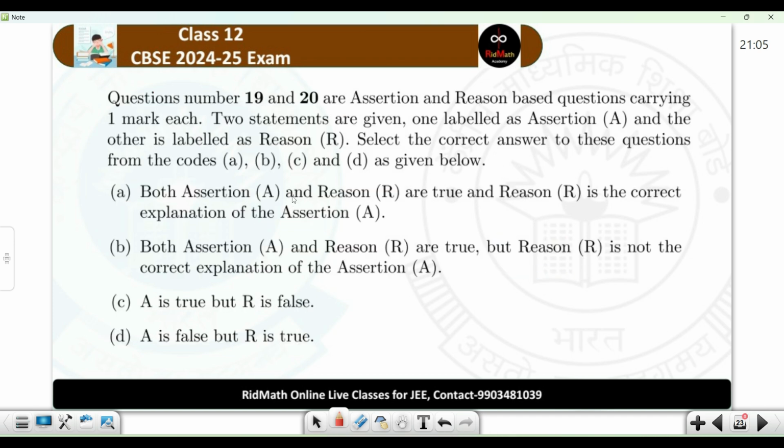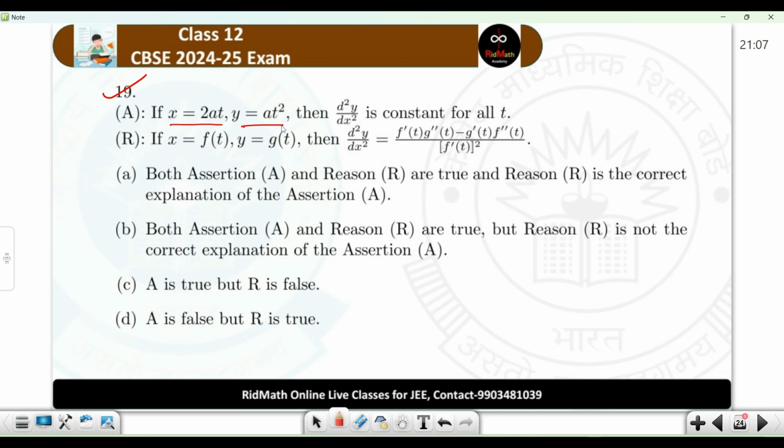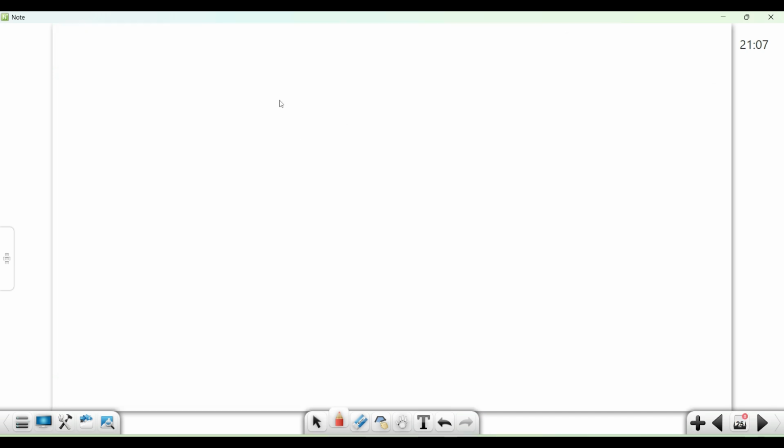Next problem. Question number 19 is an assertion reason based question. If x equal to 2at and y equal to at square, then d square y by dx square is constant for all t. So we will check this. x equal to 2at and y equal to at square.